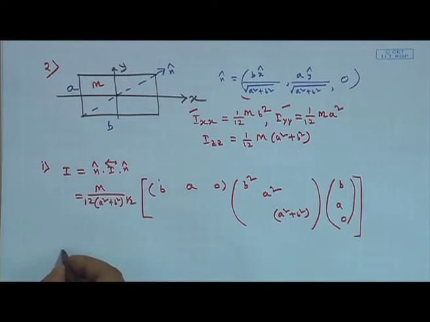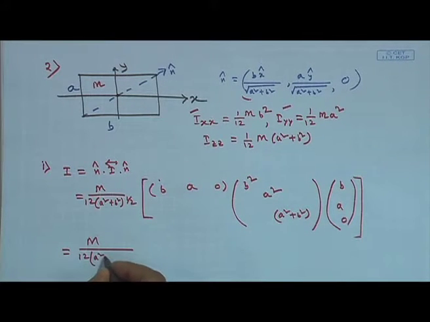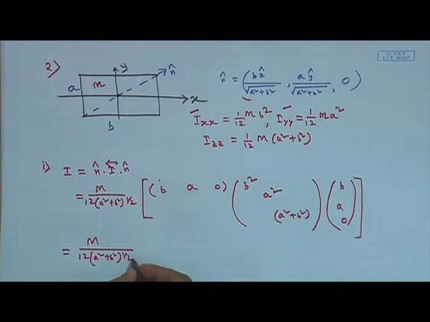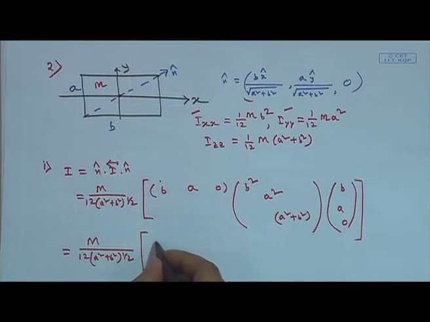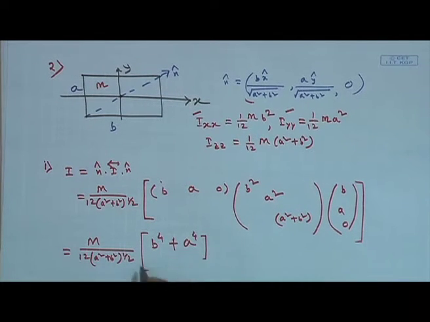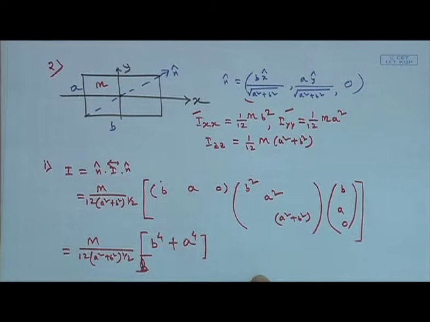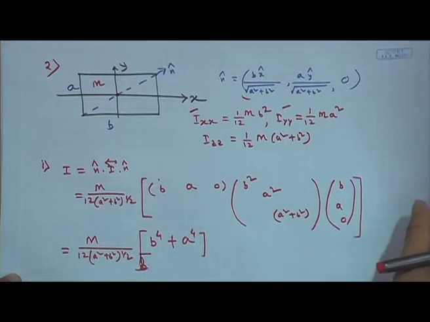Now you see this one, it will give you b cubed, a cubed, 0. So finally the result will be b to the power 4 plus a to the power 4 in the numerator. So this is the result, and that's the answer to part 1.